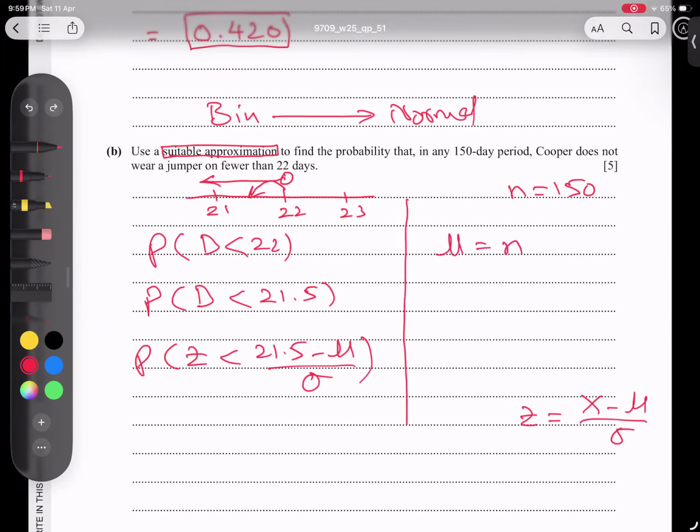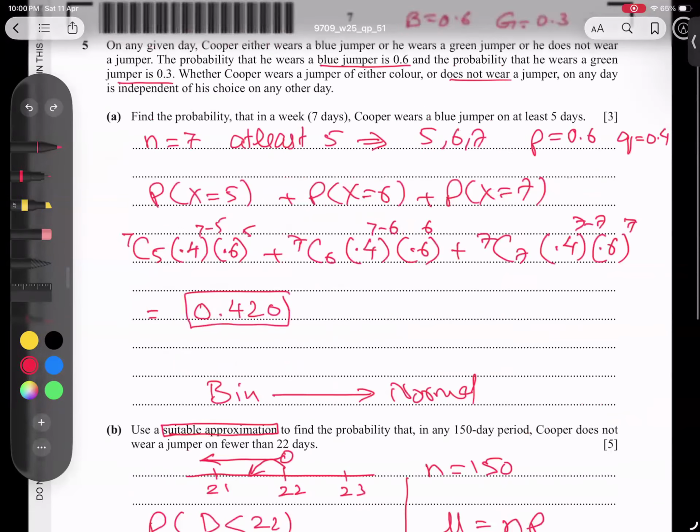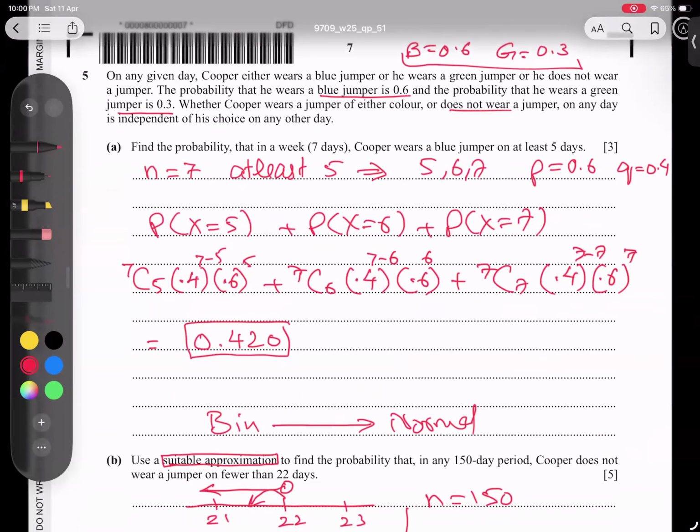So mu equals np, and n is 150. But we have to take care about what is P and what is Q. Cooper does not wear a jumper, so we take 0.1, because both colors are 0.6 and 0.3, which is 0.9.